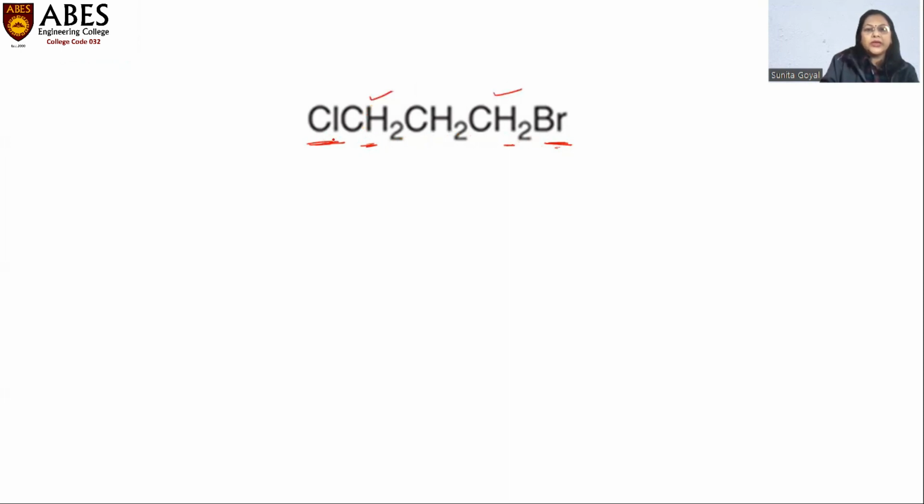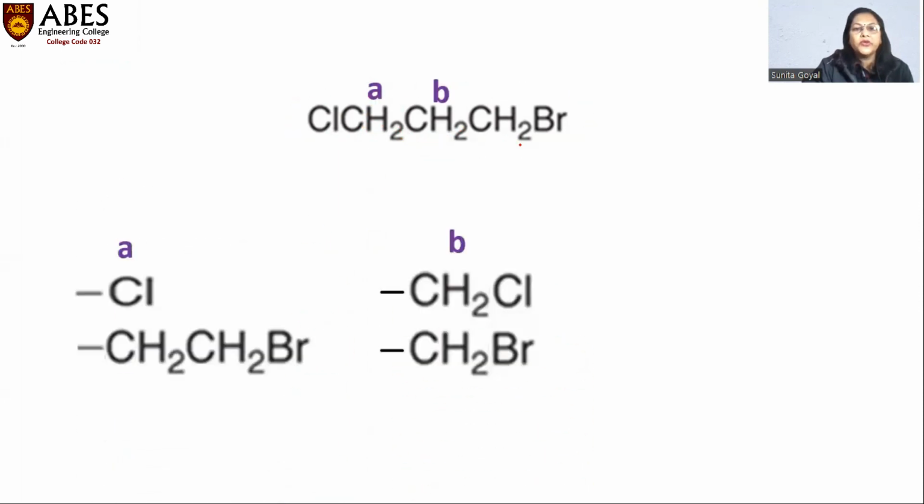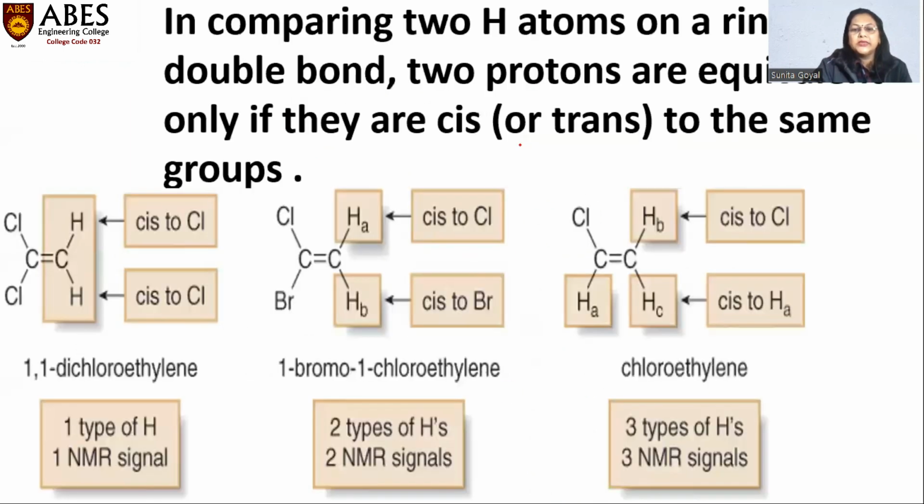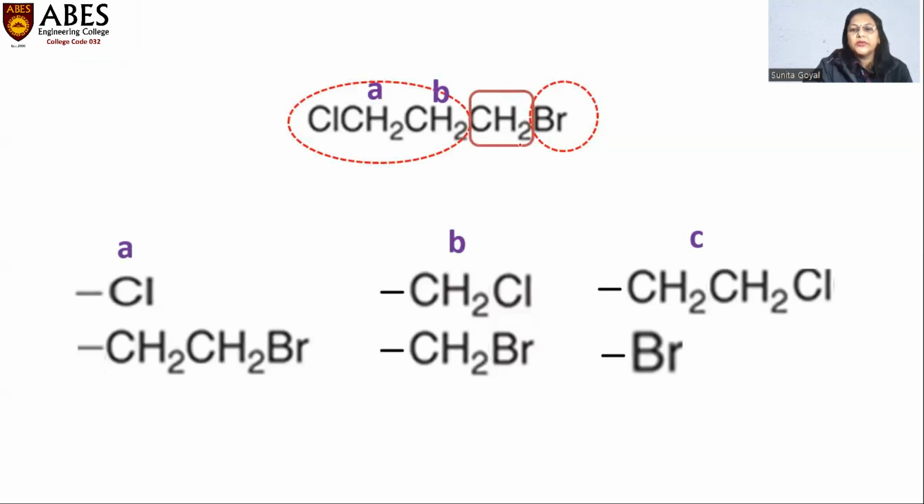But here the chloride is different from bromide. Therefore, there will be one NMR signal, one more, and one more. That means 3 different signals will be there because 3 types of protons are present. So here A, B and C, that means 3 signals will be there.